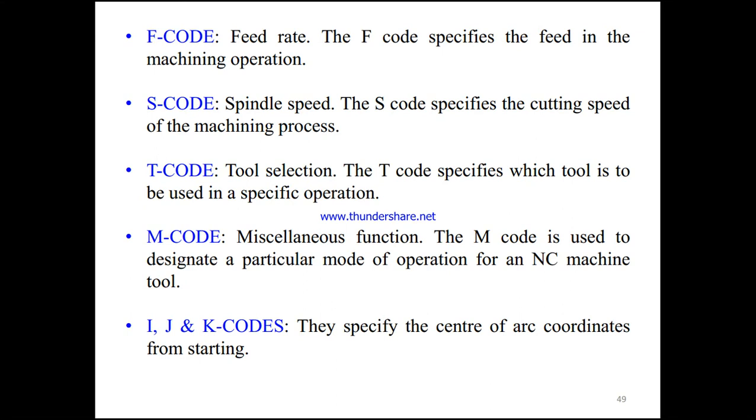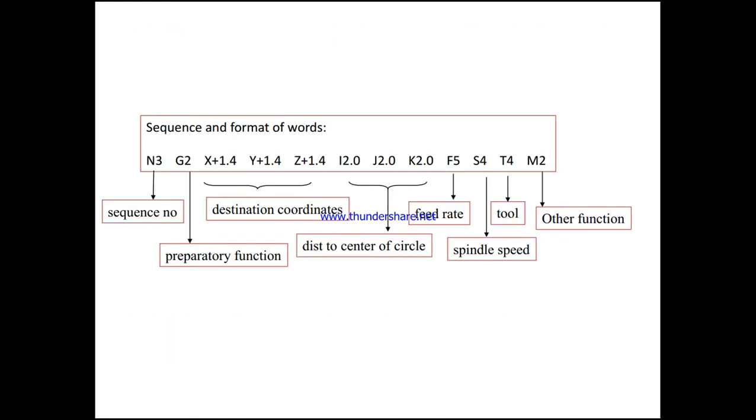I, J and K codes specify the center of arc coordinates from the starting point. So I, J and K are the codes used for arc coordinates from the start. So this is the sequence and format of the words: how we have to use them, in what sequence, which should come first and which should come next.